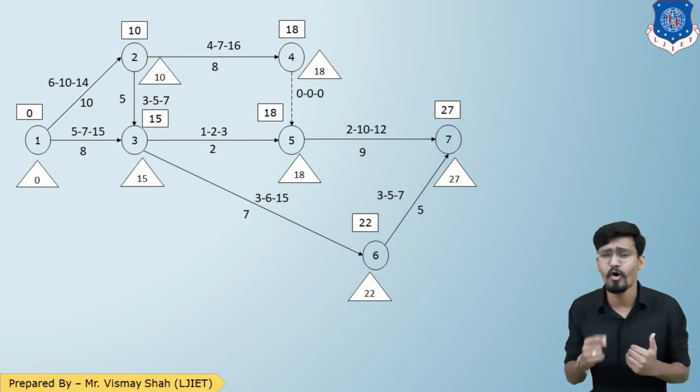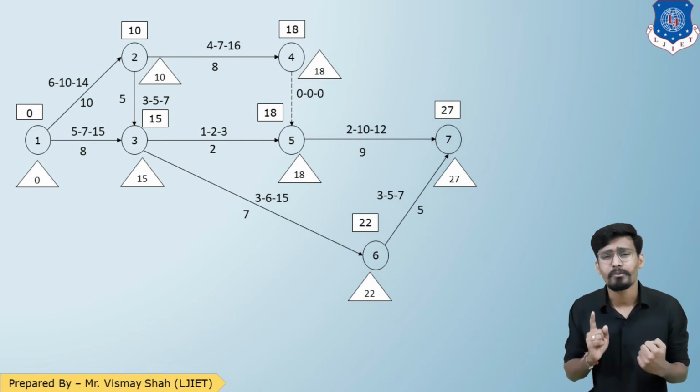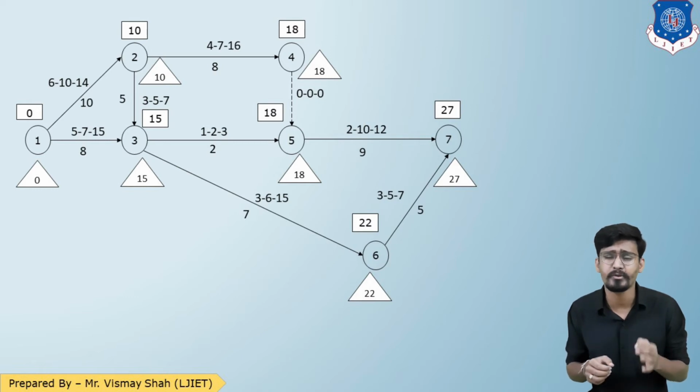Now for event number 4, 18 minus 0, 18. For event number 3, there are 2 options, 5 to 3 and 6 to 3. So 18 minus 2, 16; 22 minus 7, 15. So the minimum is 15. So event number 3 is clear.